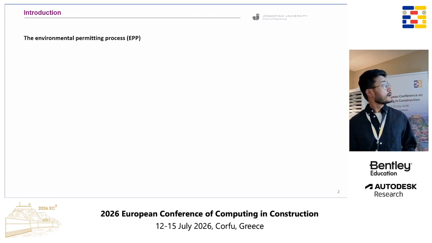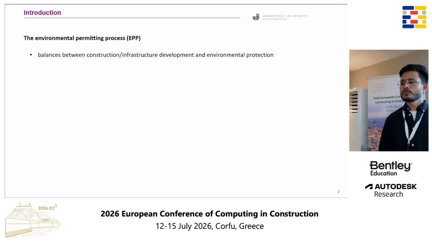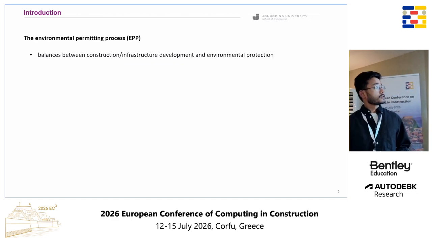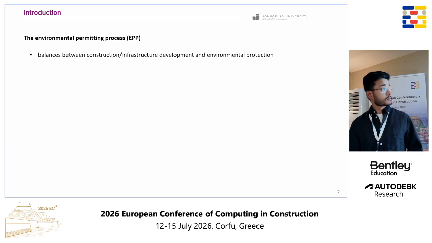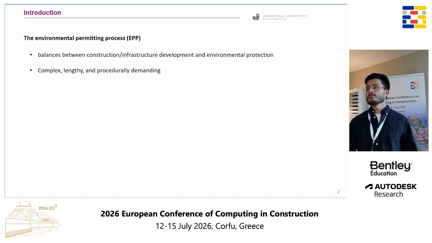So the environmental permitting process facilitates this infrastructure growth while also ensuring that environmental protection or environmental compliance is met. But it is often characterized as complex, lengthy, and procedurally demanding.